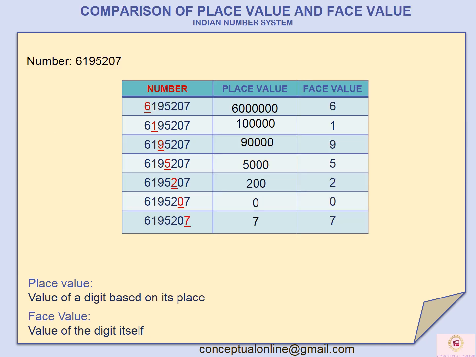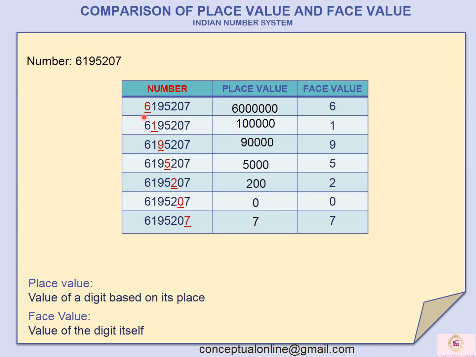In order to get a thorough understanding of the difference between the place value and face value, the child can write these side by side and then compare it. By face value, we copy down the digit as it is, and by place value, we multiply the digit with the value of that place.